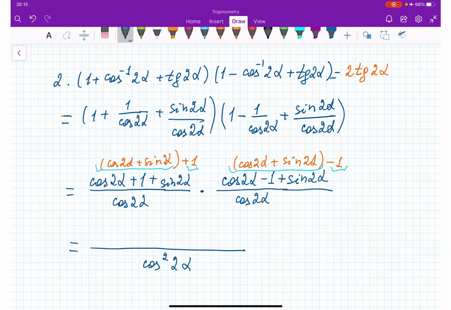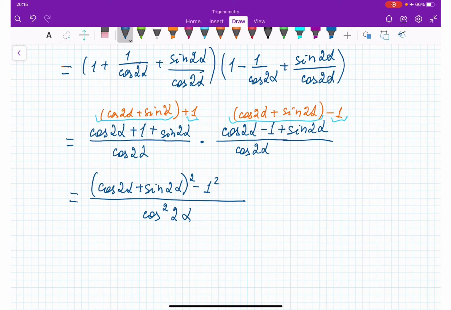And the result is going to be A squared minus B squared. Which is going to be cosine alpha plus sine alpha, squared, minus 1 squared, which is 1, obviously.